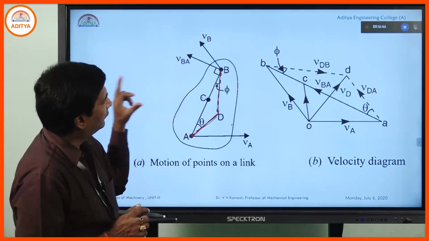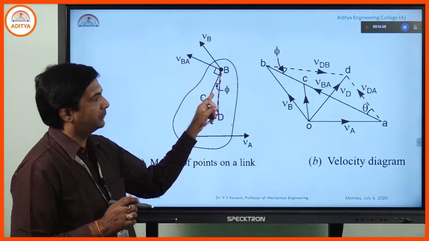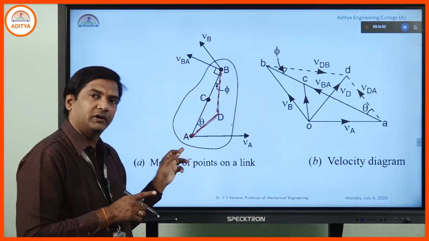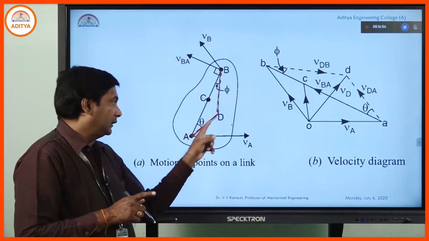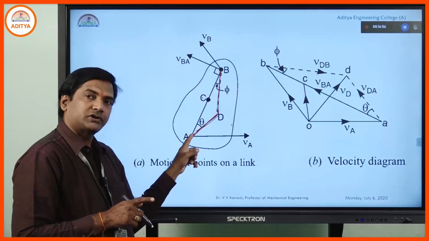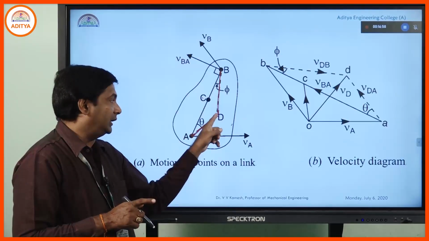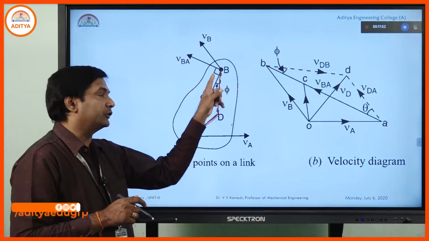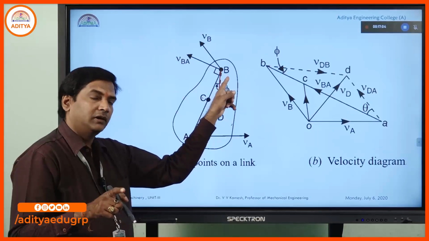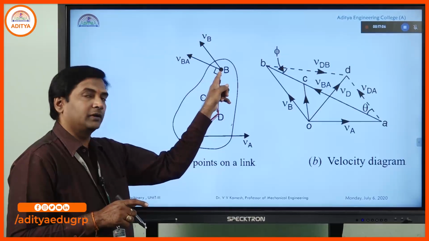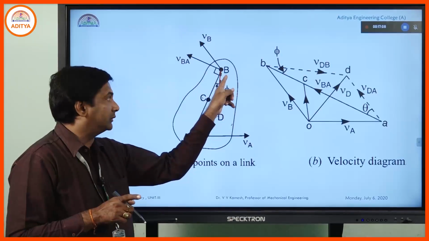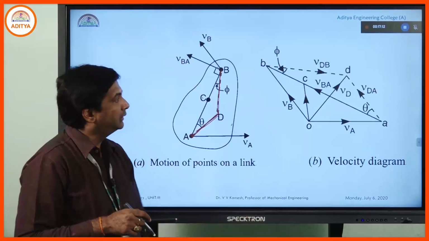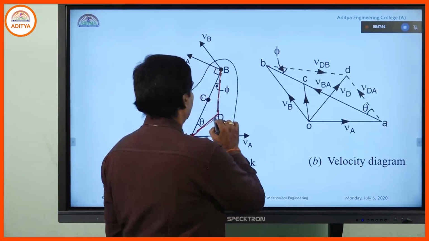So once velocity of D with respect to B and velocity of D with respect to A are considered, automatically velocity of DA has to be perpendicular to the link AD. Again, velocity of D with respect to B has to be perpendicular to the link BD. In a similar fashion we are identifying this.